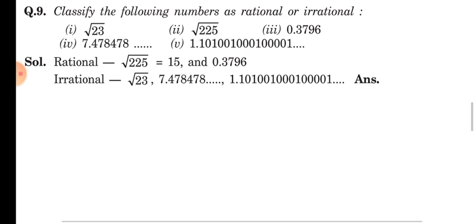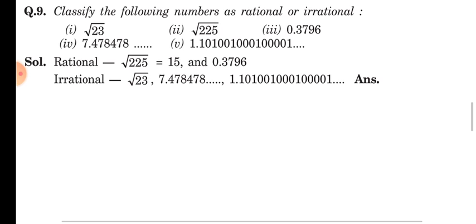Second one, root of 225. Now 225 is the square of 15. So the square and root get cancelled, we get 15, and 15 is a rational number, because we can write 15 as 15 by 1, which is in the form of p by q.